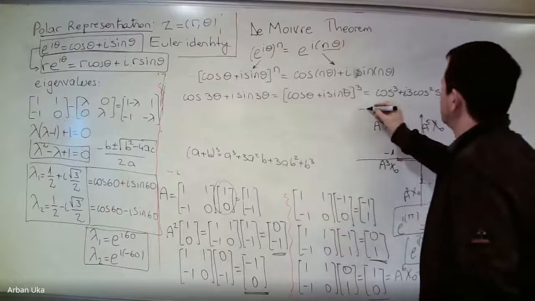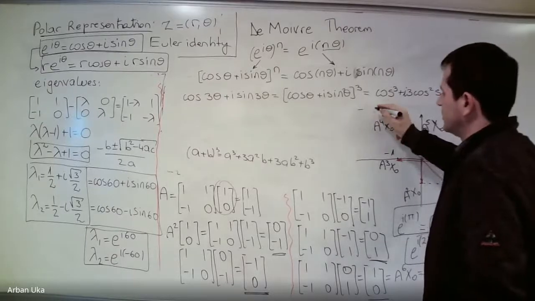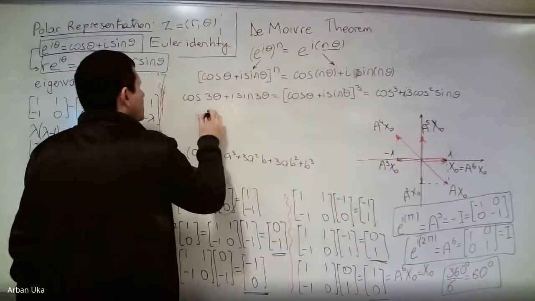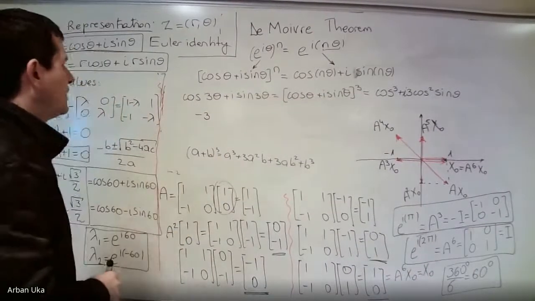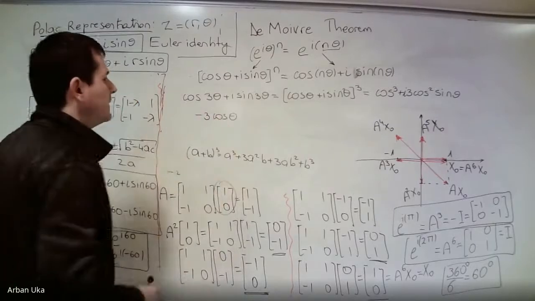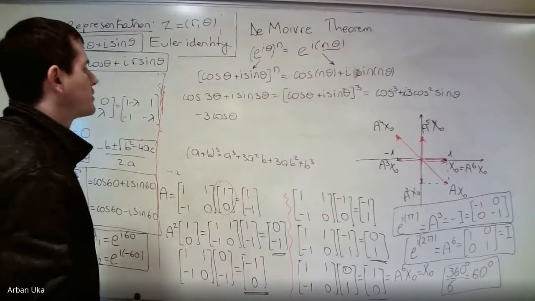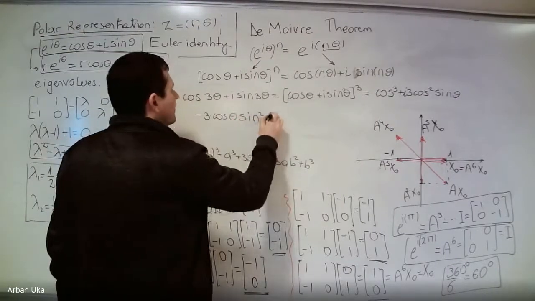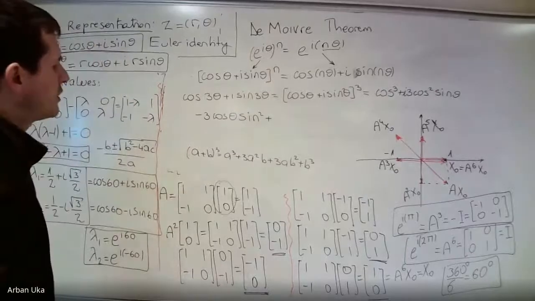So it's going to be minus 3 times a, cosine theta, times b squared, which is sine squared, plus b cubed.